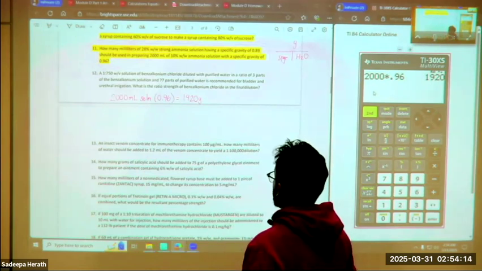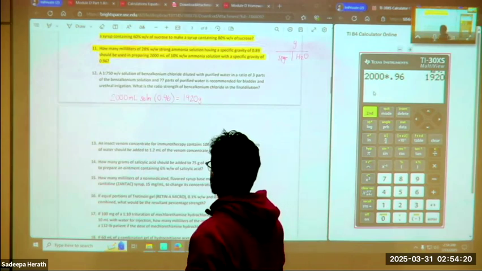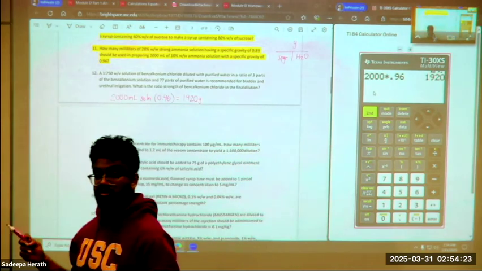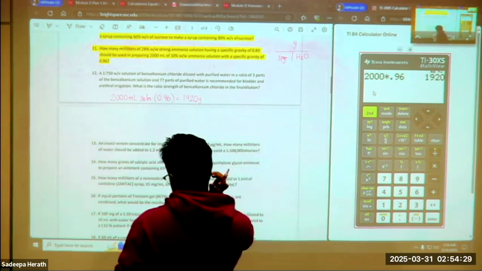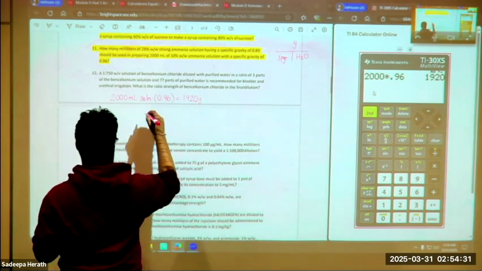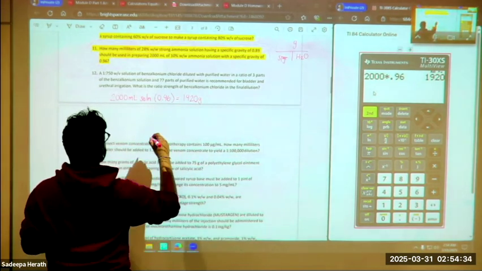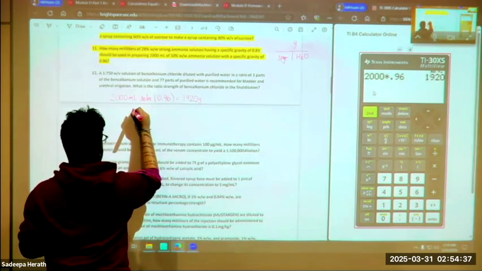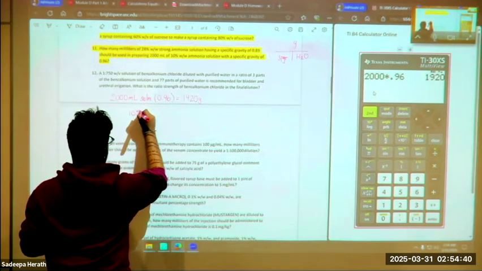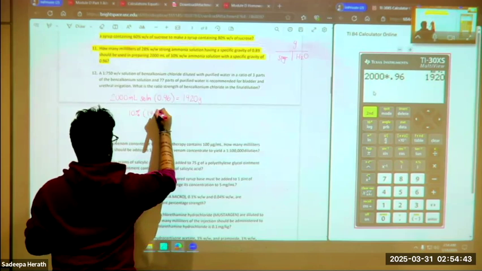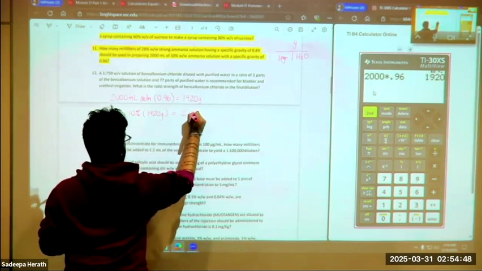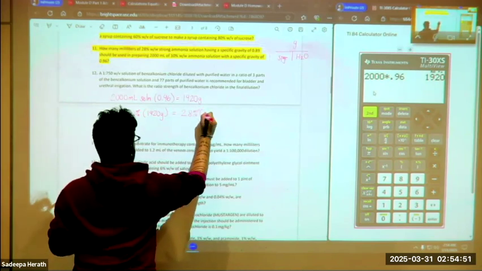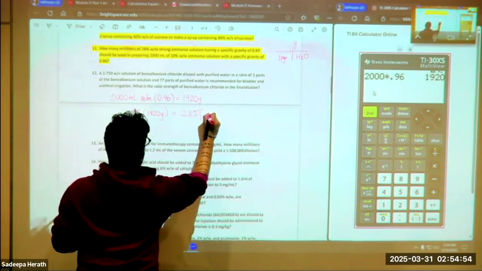And now they're asking how many milliliters of the stronger weight-to-weight solution. So with that 10%, we can redo our C1V1 equals C2V2. So that's 10% of 1920 grams equals 28% of V2.